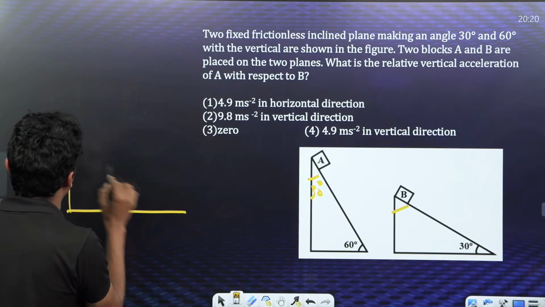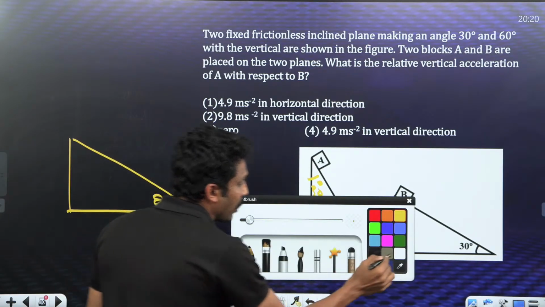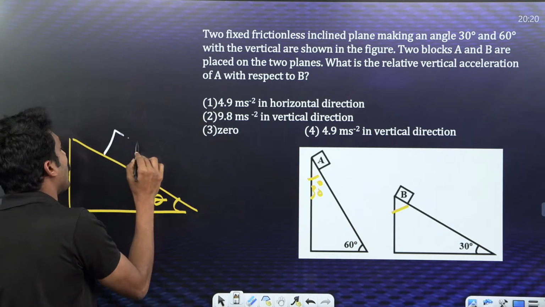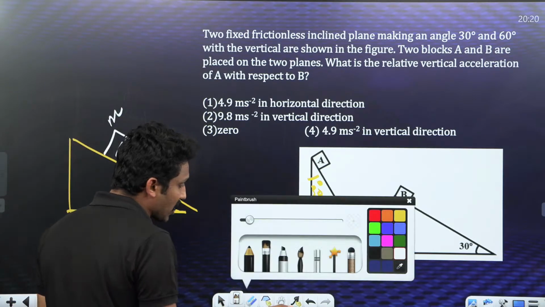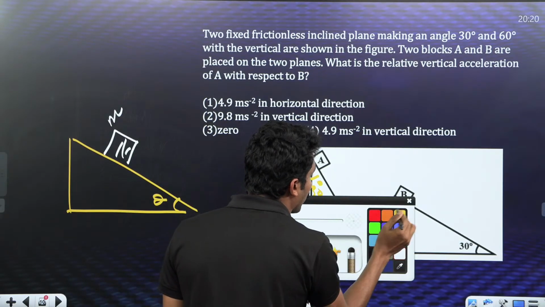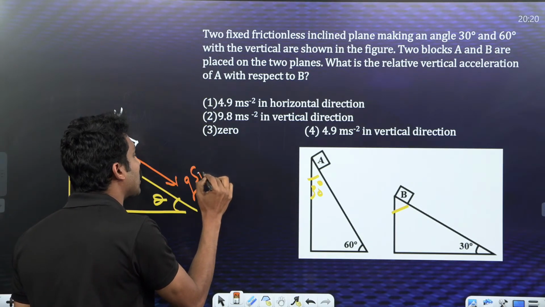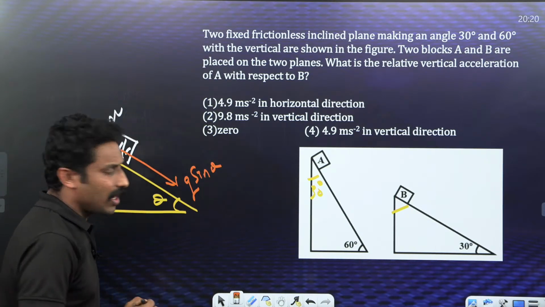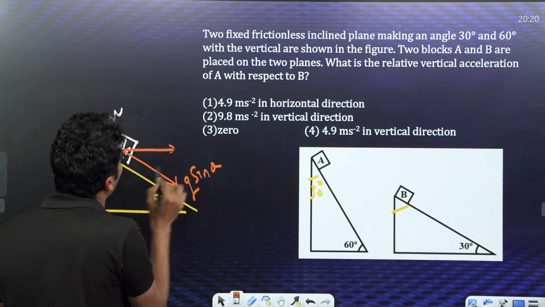Consider this inclined plane with inclination theta. There is a block here of mass M. The acceleration experienced down the plane is g sine theta. Now we can split this g sine theta into two components, one along the horizontal.